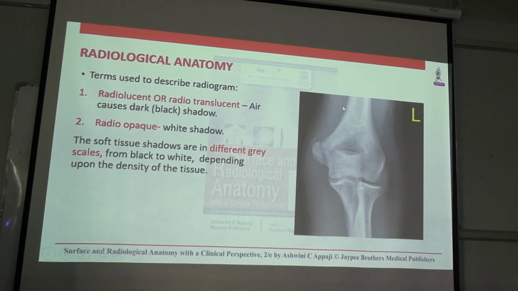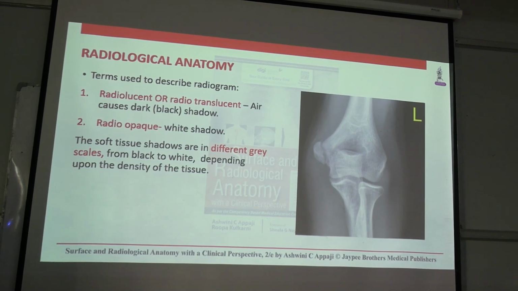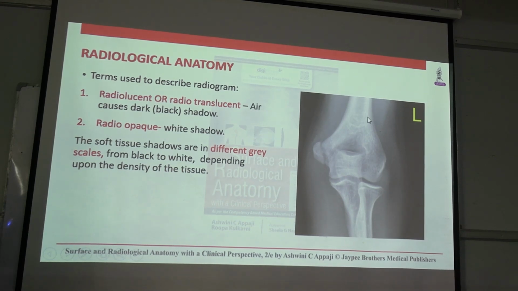Now in between black and white we have a gray zone. You see that? These are the soft tissue regions. That means the muscles, the arteries, the veins, nerves, tissues, fascias, everything which is present in here. So this is the normal X-ray plate we are seeing here, and this belongs to the left side of the body, and this is an elbow joint which is projecting here.